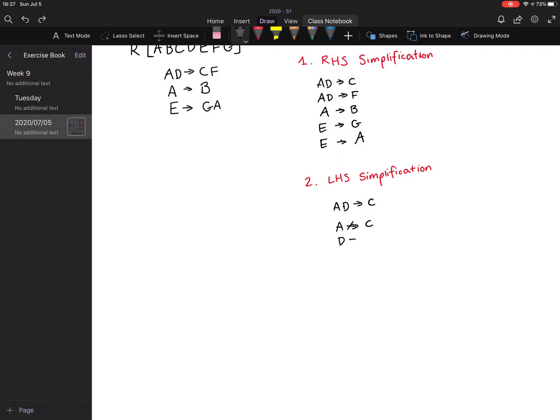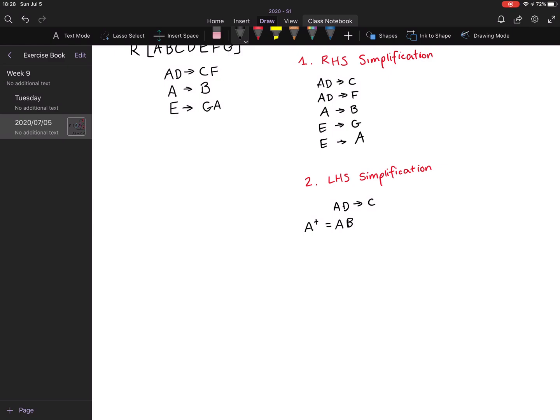Okay. What we have now is AD implies C, so we first must check the closure of both A and D. So A closure is going to give you, by reflexivity, A, and you're going to get B, and that's basically all that you're getting.